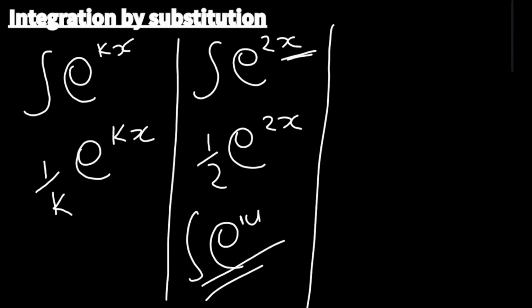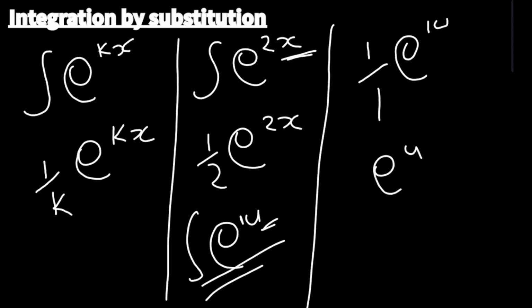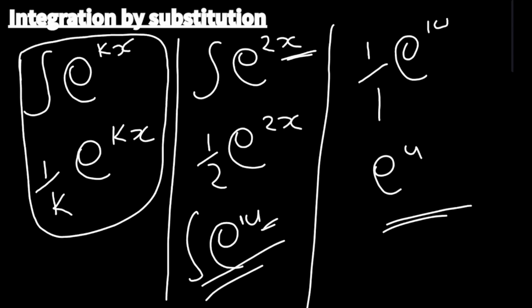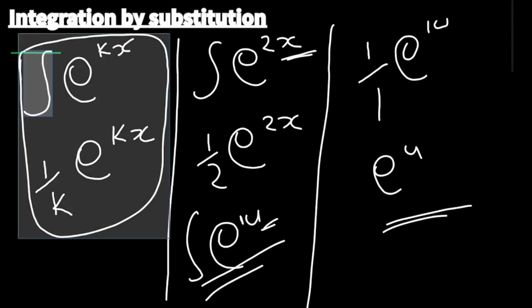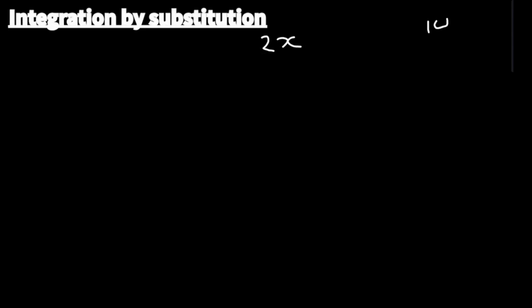The integral of this with respect to u will be 1 over 1 e to the 1 times u, which is the same as e to the u. So remember this formula, it is important. Let's do another example.